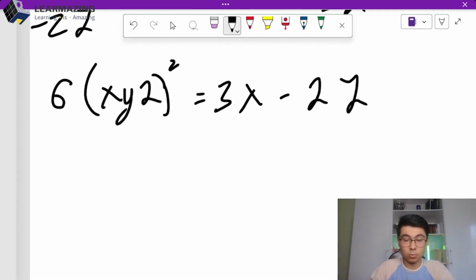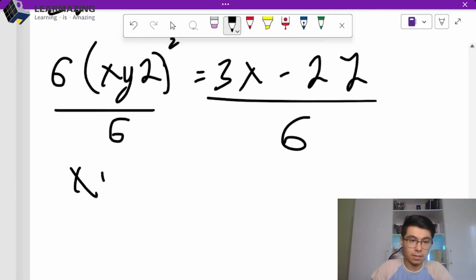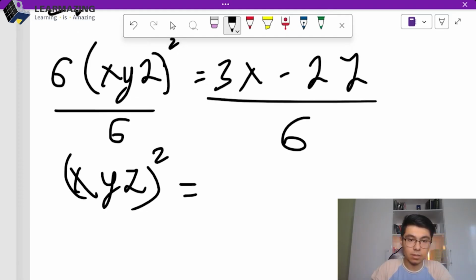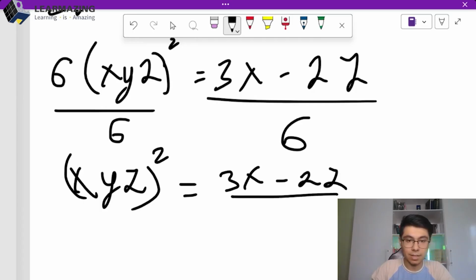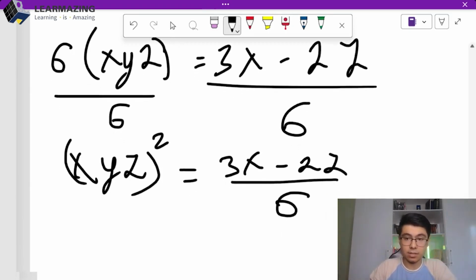And now we can divide both sides by 6. So we get xyz squared equals 3x minus 2z divided by 6. And now we can take the square root of both sides.